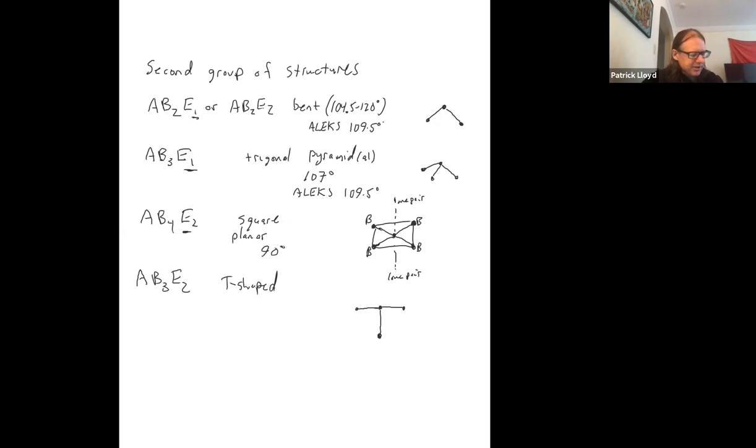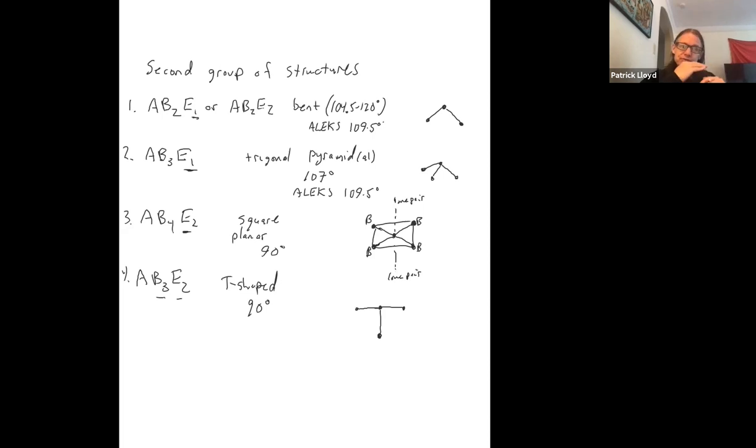So AB3, and then you've got two lone pairs, which take up two of the positions. You have a total of 5 electron groups. So it's really kind of like trigonal pyramidal, but 2 of the groups are lone pairs. And these are 90 degrees. There's another one called seesaw. I'm not going to go over the seesaw, but these are the 4 pretty common ones that have lone pairs on the central atom.